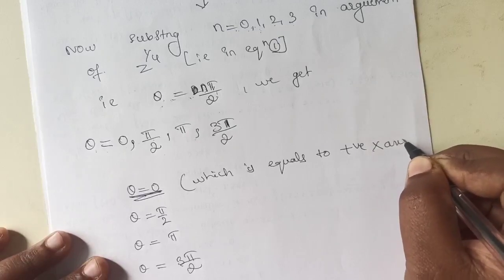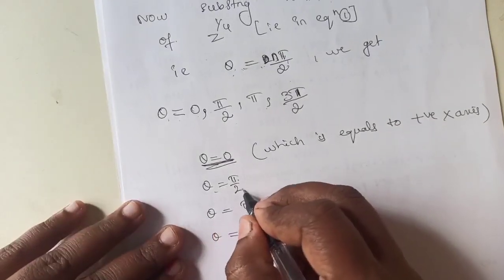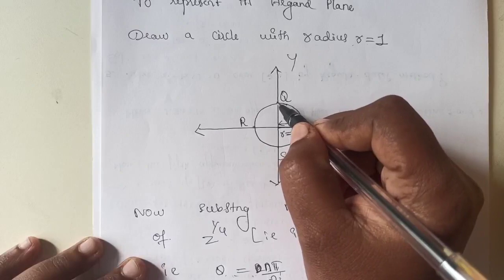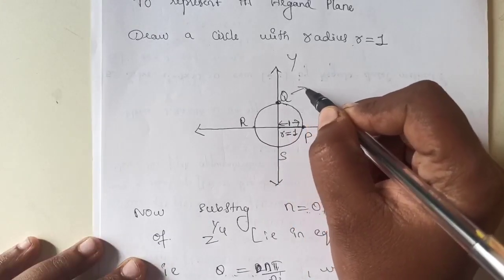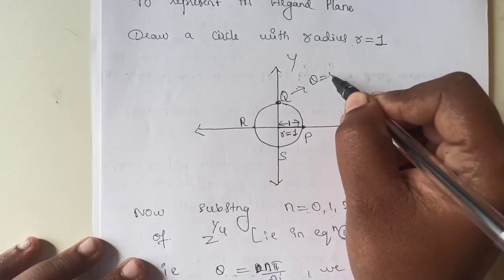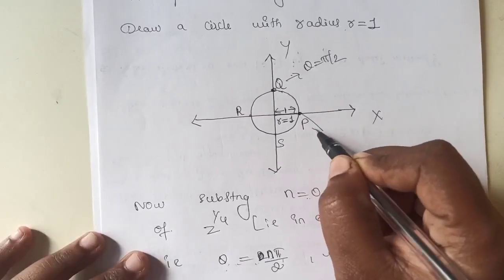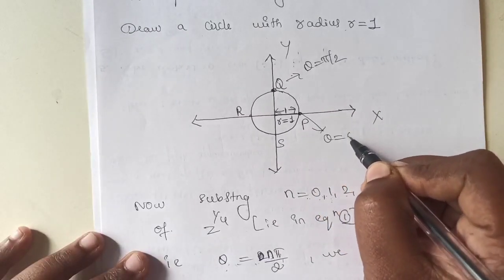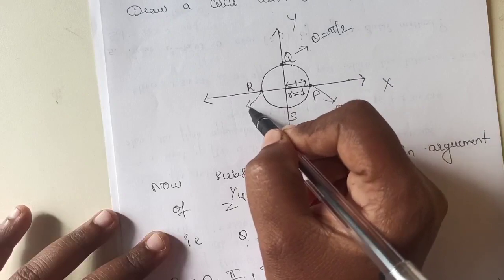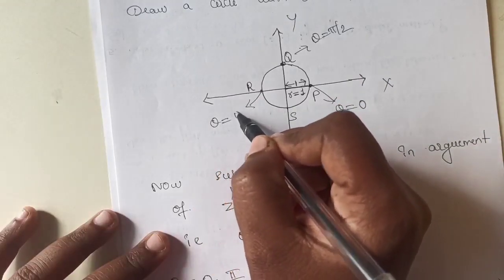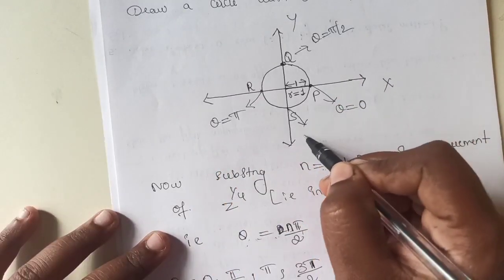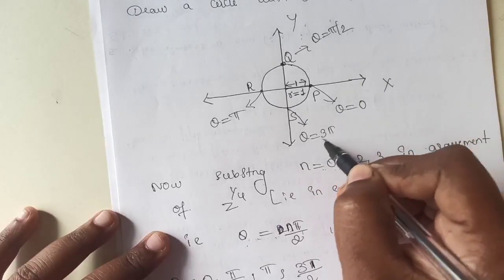Now theta equals pi by 2 will be the positive y-axis. Here this point is theta equals 0, definitely this will be theta equals pi, and this is theta equals 3 pi by 2.